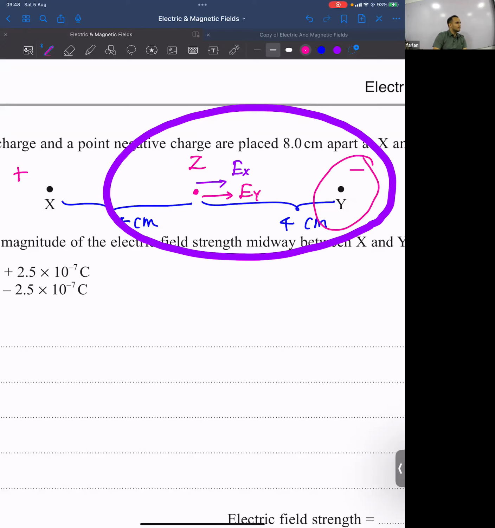So if you leave a +1 coulomb at Z, the negative charge will attract the positive charge. Agree? So the electric field strength at Z due to X is to the right. Electric field strength at Z due to Y is also to the right. Am I right?